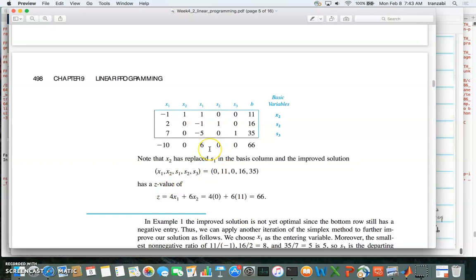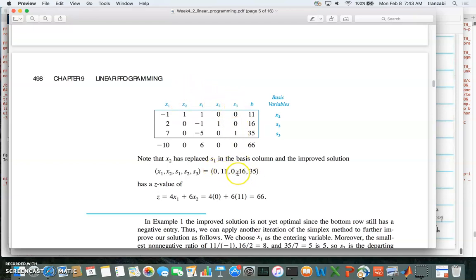Actually, it's giving you the solution for this system, right? So we set the non-basic ones to 0. So x1 equals 0 and s1 is also equal to 0, and then now you have 3 equations. We can solve for 3 unknowns, x2, s2, and s3.